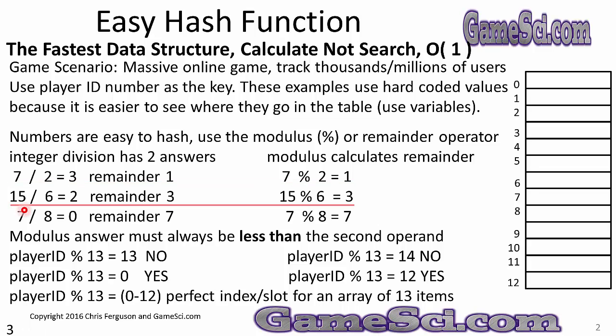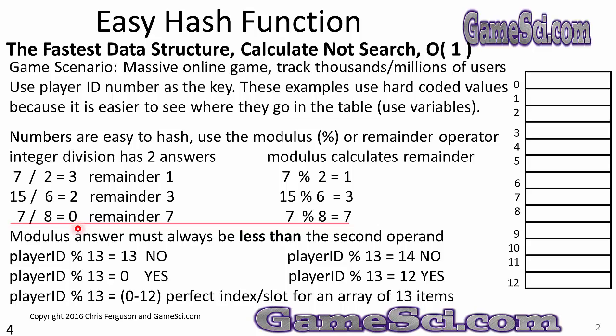Let's look at it again. 15 divided by 6 equals 2, with a remainder of 3. 15 modulus 6 directly equals 3. All we're doing is directly calculating the remainder using what's called the modulus operator. 7 divided by 8 equals 0. 8 does not fit into 7 at all.